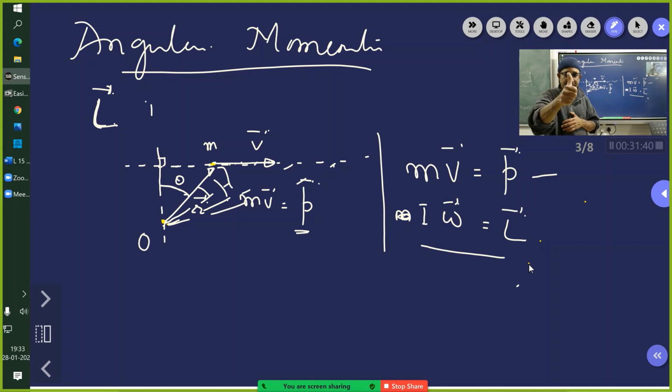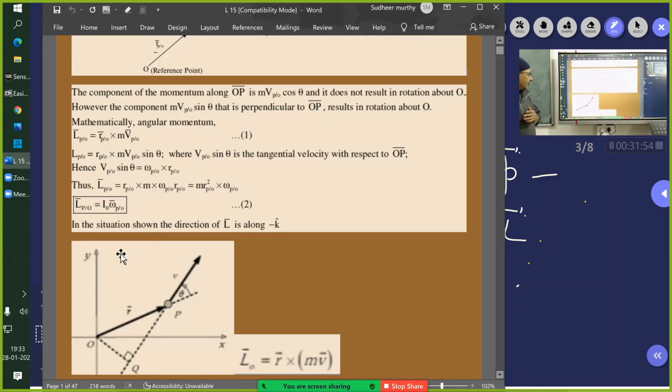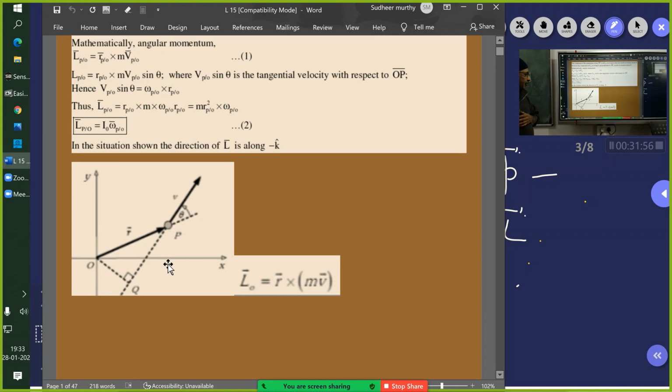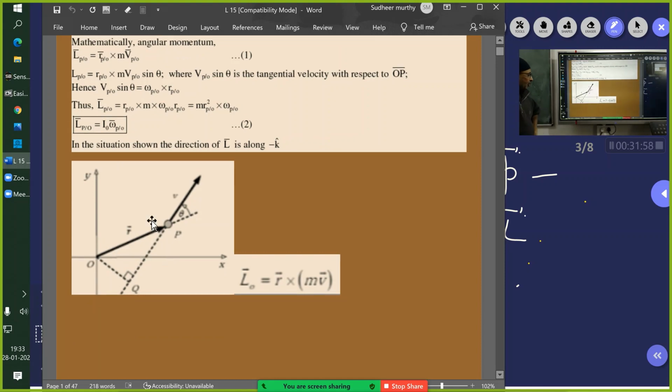I suppose all of you know that if the omega is anti-clockwise, then the omega bar will be perpendicular to that, and in the same way this L bar also points up. That is one way of looking at it.